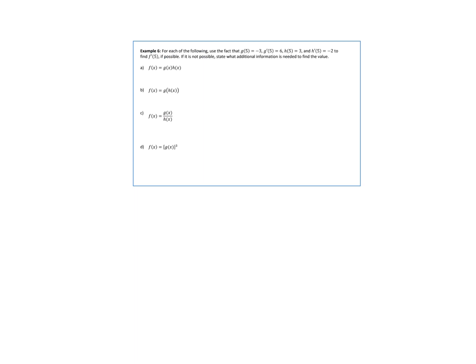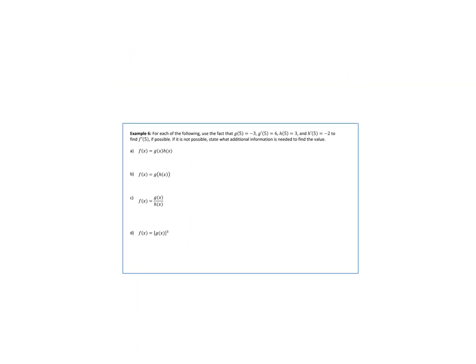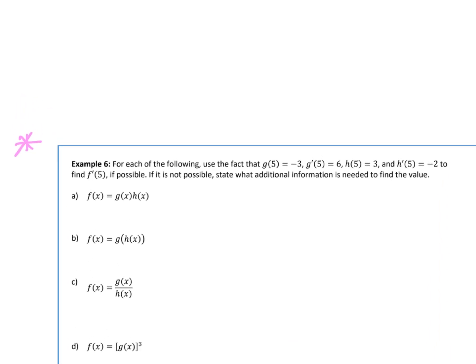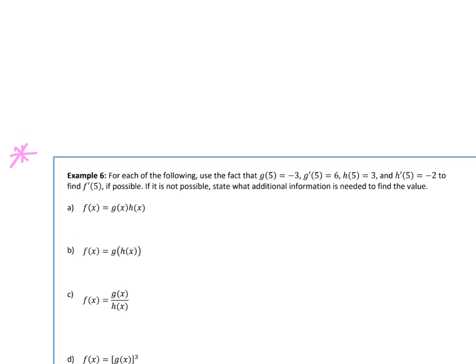All right, here, so this is a great question here. This is how the AP asks product, quotient, and chain rule. So let's do it. So this is product, so it's going to be the first times derivative of the second plus the second times derivative of the first.